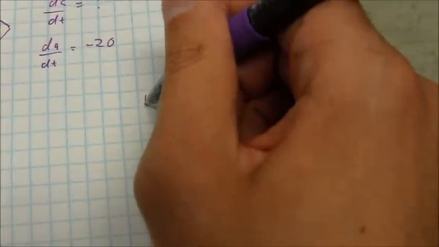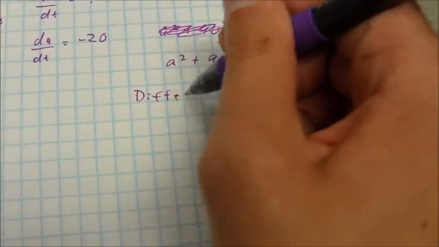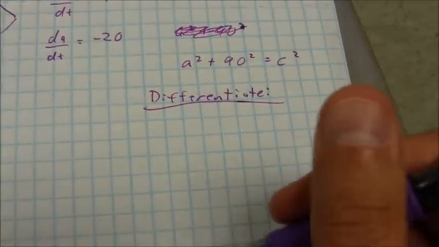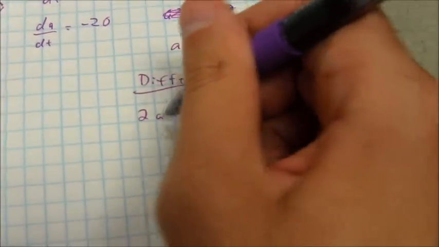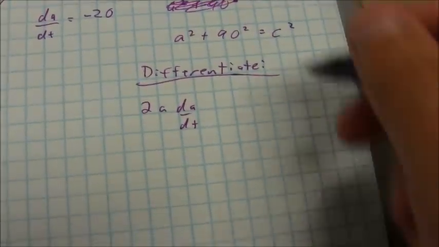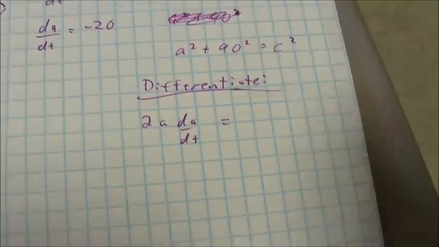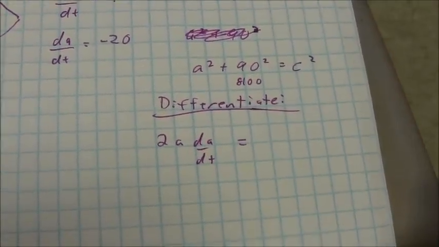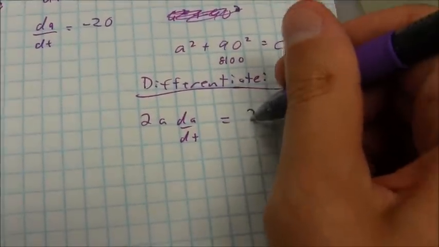And I can go ahead and find the derivative here with respect to time. It's going to be 2A dA/dt plus 0. The derivative of 8100 here is a constant value, that's just going to be 0. And that's equal to the derivative on the other side.